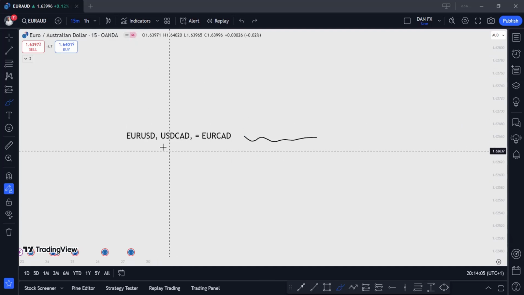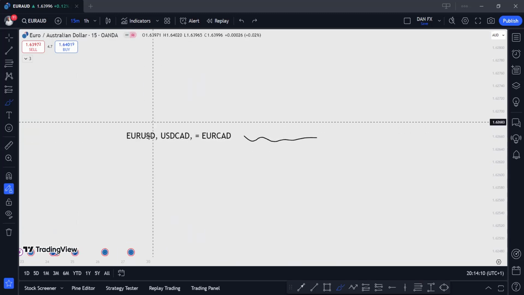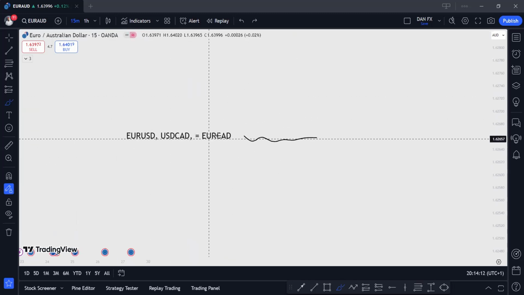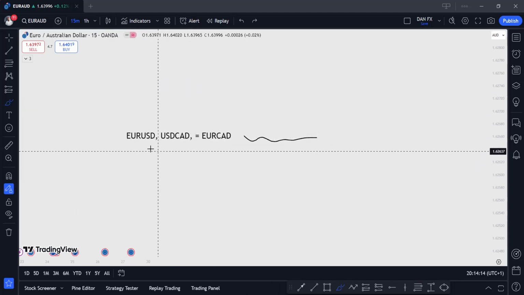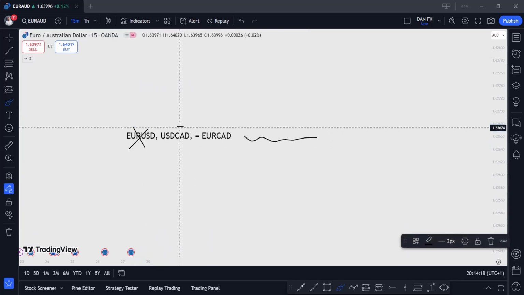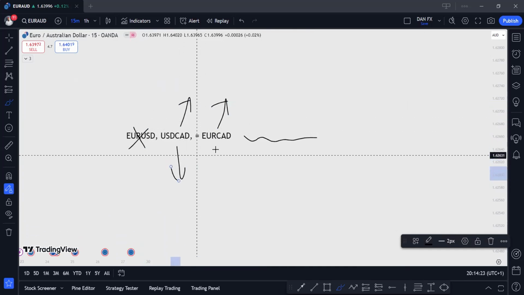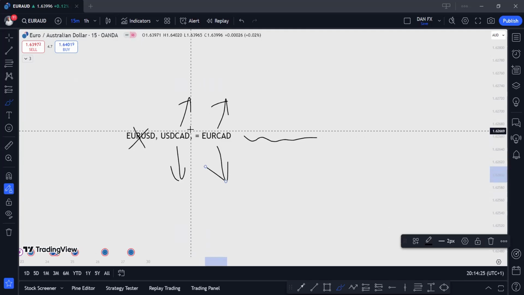It can be up or down, right? They're moving USD CAD and they're moving EUR USD. So now they can do the same thing for these two pairs here. If they want to move EUR CAD, they could hold EUR USD sideways. This will go up, this will go up, or this will go down. This will follow it down. So basically, CAD is in charge, right?